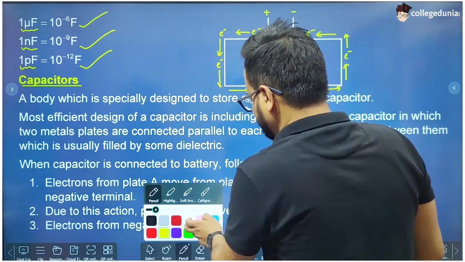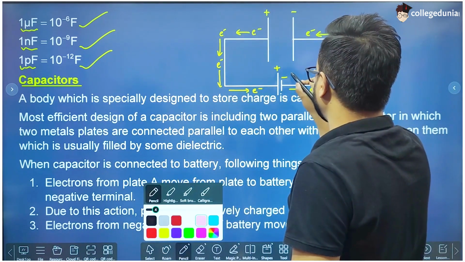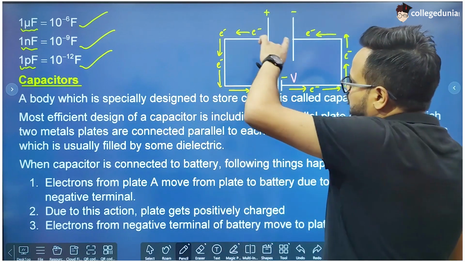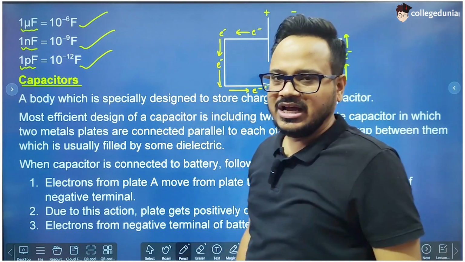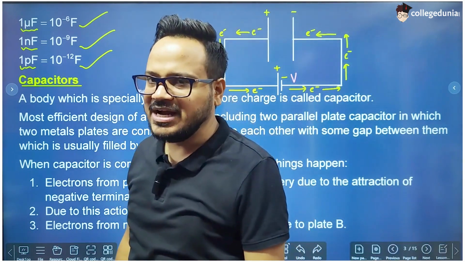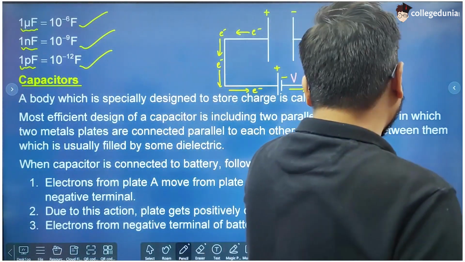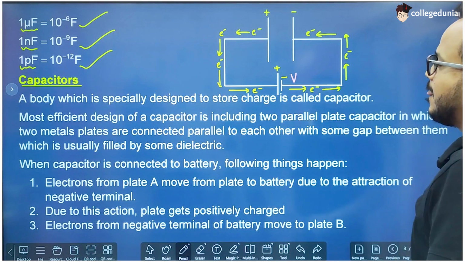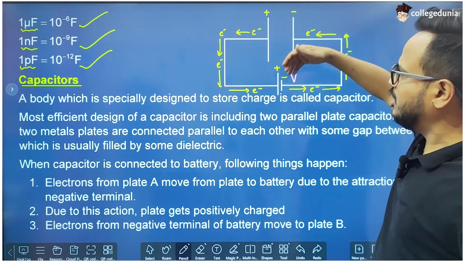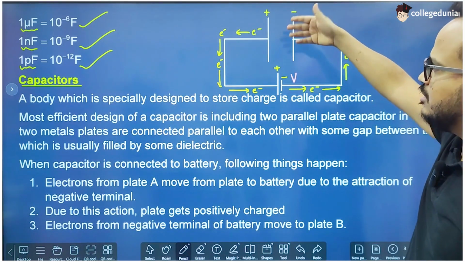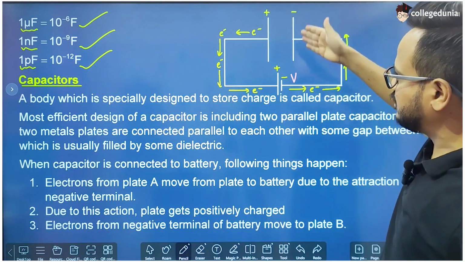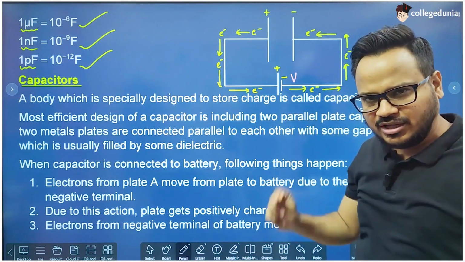Now let us say the potential difference between the terminals of the battery is V. This process will continue until the potential difference between the plates of the capacitor also becomes V. Obviously, because charge flows only when there is some potential difference. So this plate is continuously increasing its positive charge, and the negative charge of this plate is also being continuously increased.